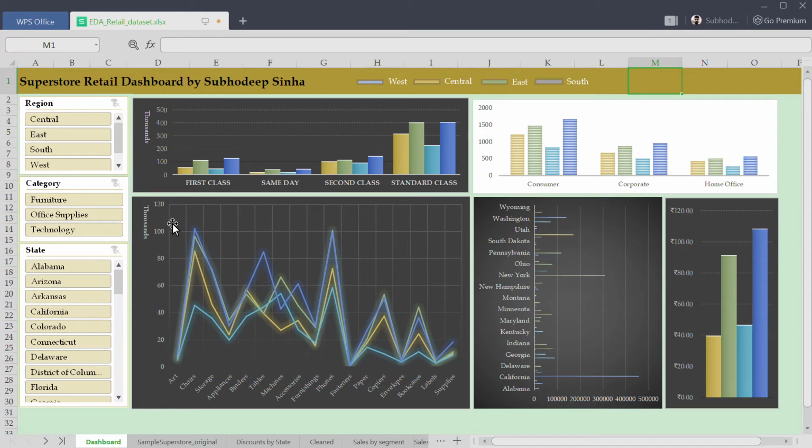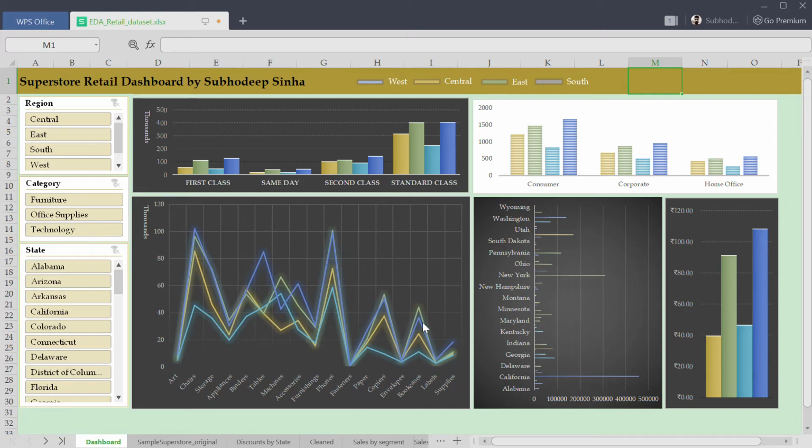Then we have the subcategory. Subcategory shows how many sales are happening across the subcategory products or supplies. As we see art, this is appliances. Next we have fasteners, envelopes, and labels.